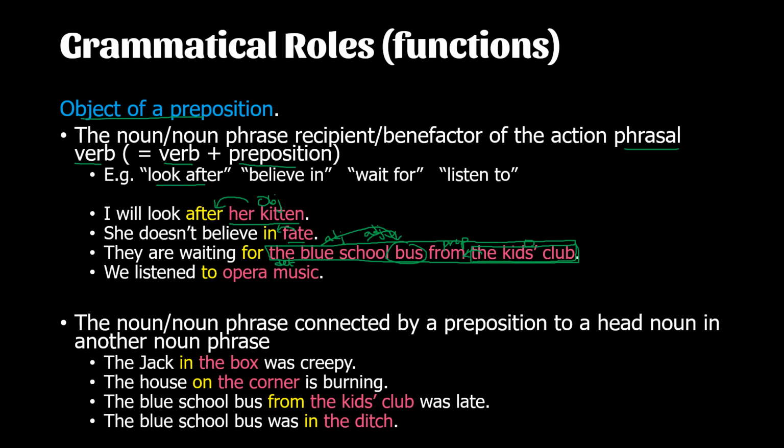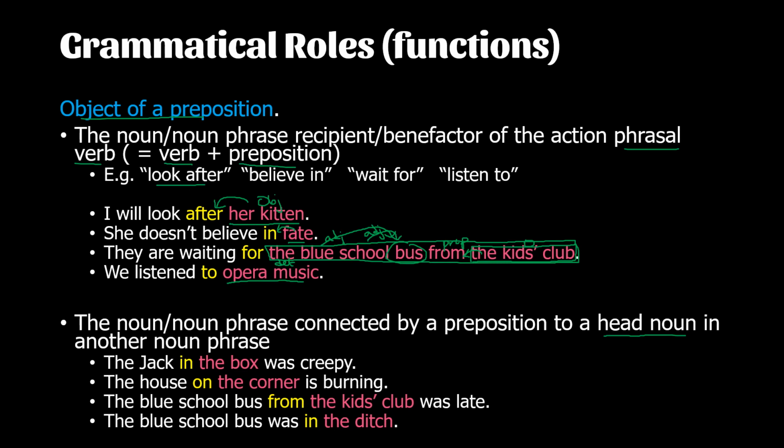We listened to opera music. Opera music is the noun phrase, and it is the object of to. The other meaning of object of preposition is when we're connecting a noun phrase to another one, and we're connecting it to particularly a head noun in another phrase.